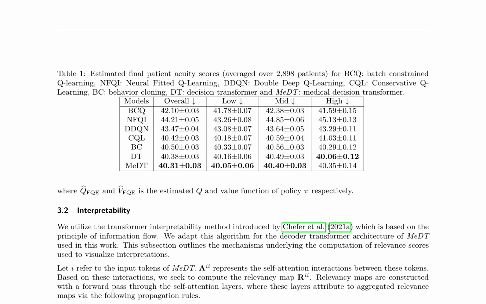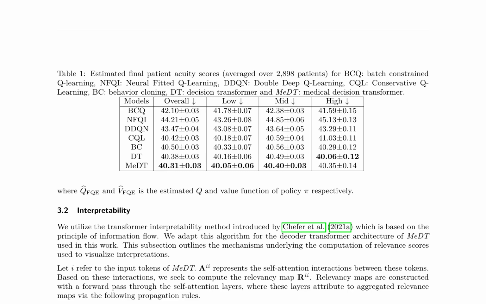MeDT achieved competitive performance with state-of-the-art models, with an overall score of 40.31 plus or minus 0.03. To assess the interpretability of MeDT, a transformer interpretability method based on the principle of information flow was employed.